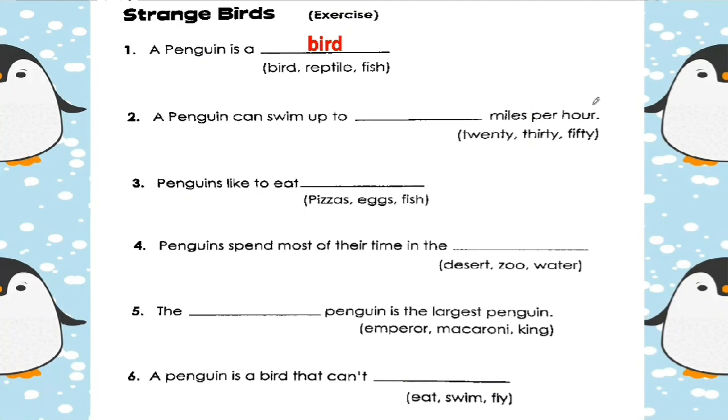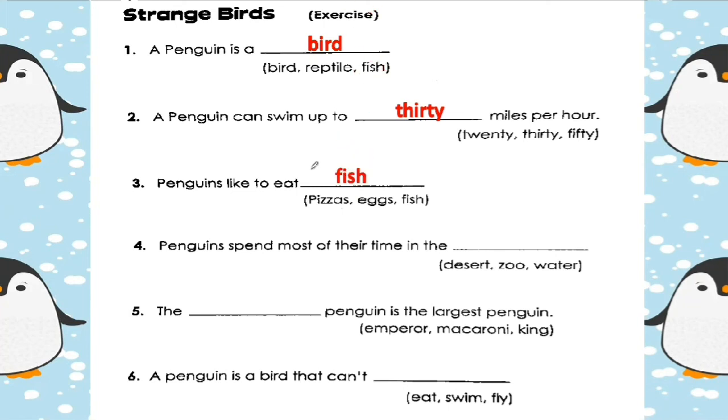It's in the first paragraph. A penguin can swim up to 30 miles per hour. Now number 3, penguins like to eat dash: pizzas, eggs, or fish. Just look at the first line of the second paragraph and there you'll get the answer. Penguins like to eat fish.